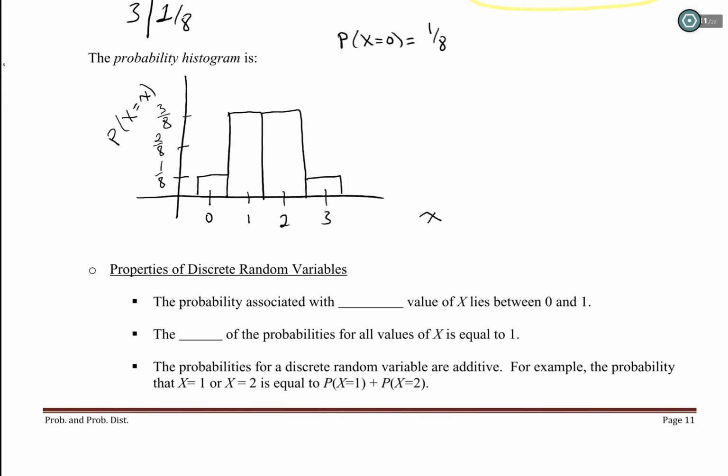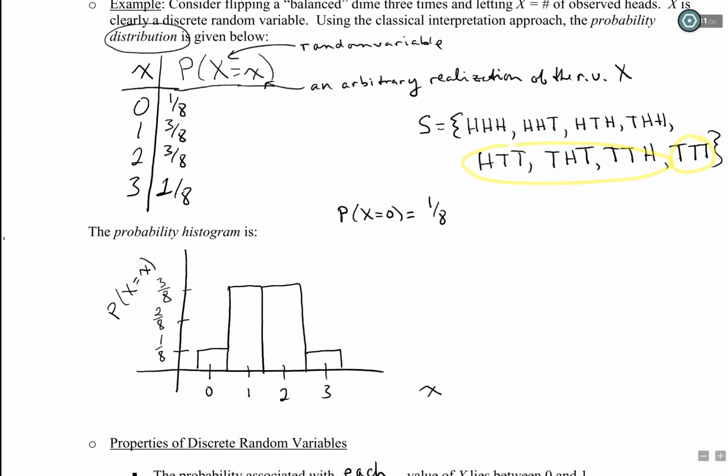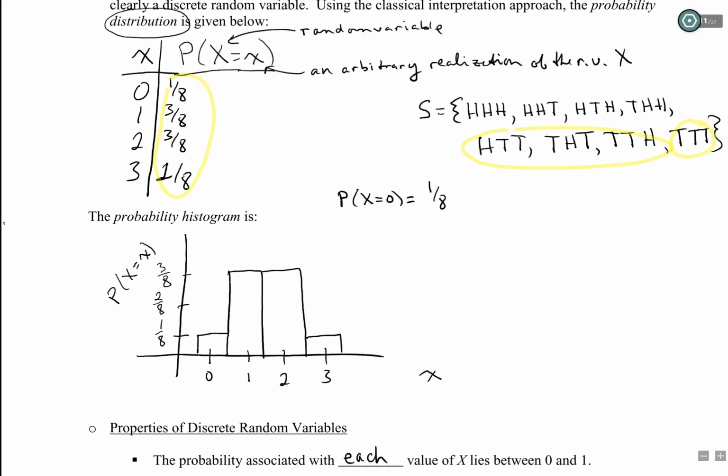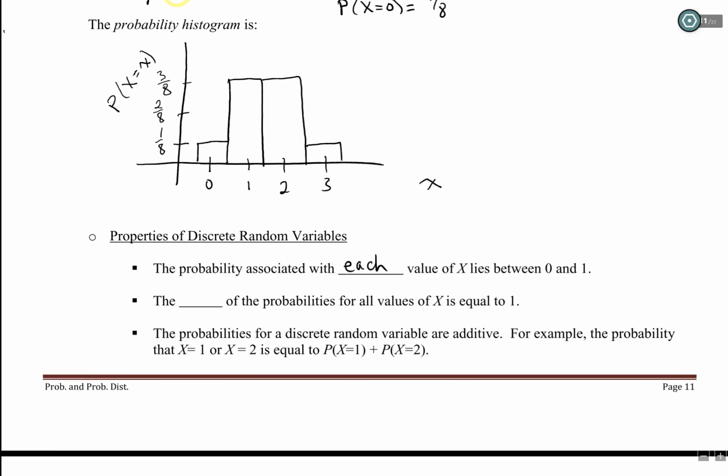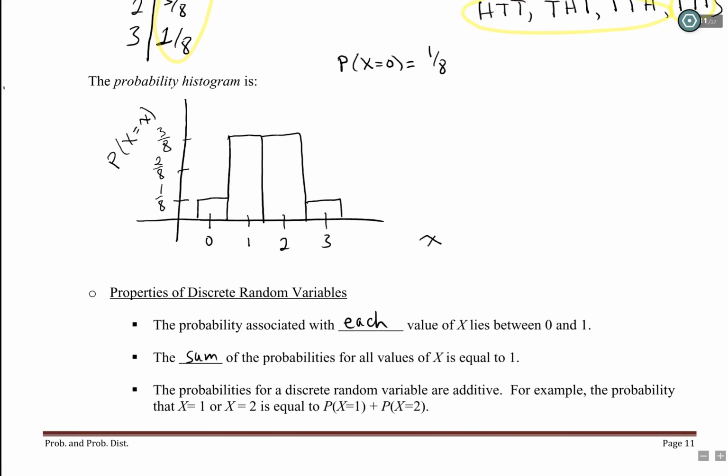A few properties of the discrete random variable are as follows. The probability associated with each value of x lies between 0 and 1, and that makes sense if you look at our example. The next property is that the sum of all the probabilities for all values of x is 1.